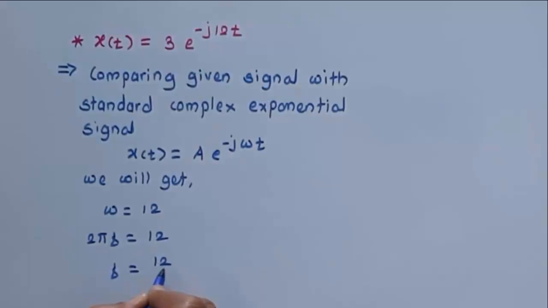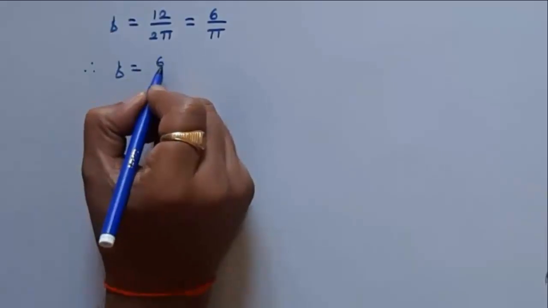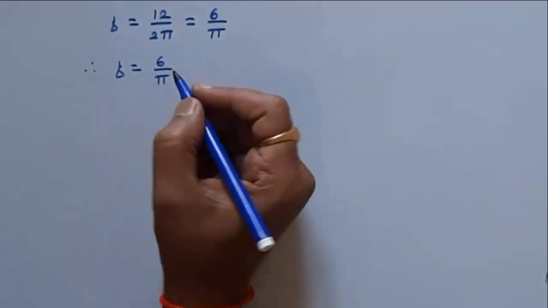Simplifying for frequency f, we will get the frequency of the given signal is 6 upon pi.